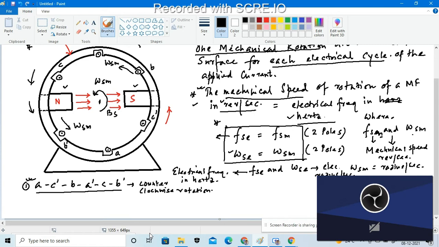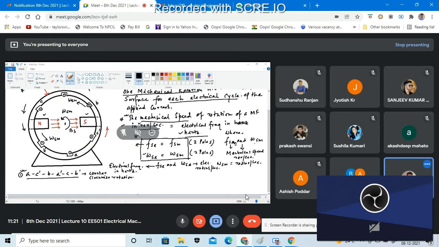Yes, Ashish, are you there? Yes, sir. So tell me what is the answer? My question is: if we follow this particular pattern in a counterclockwise direction, what would happen if this pattern continues twice within the stator?